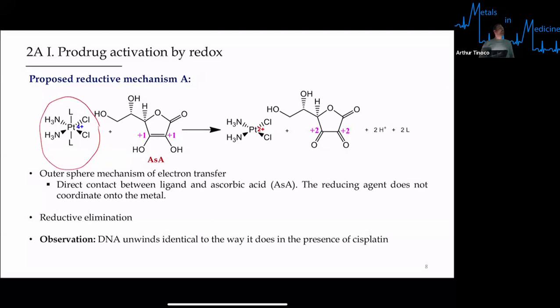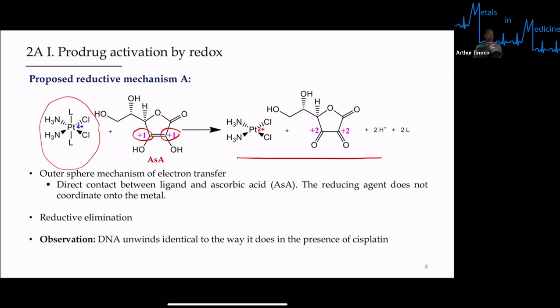All right, so we have this octahedral complex, and in the presence of ascorbic acid, the net result is reduction of the platinum from platinum-4 to 2, and we see a conversion of the ascorbic acid. Here, what we're looking at is an oxidation of the ascorbic acid, and we see this by focusing on the carbons. I'm not sure if you remember from biochemistry how to determine the oxidation state of carbon.